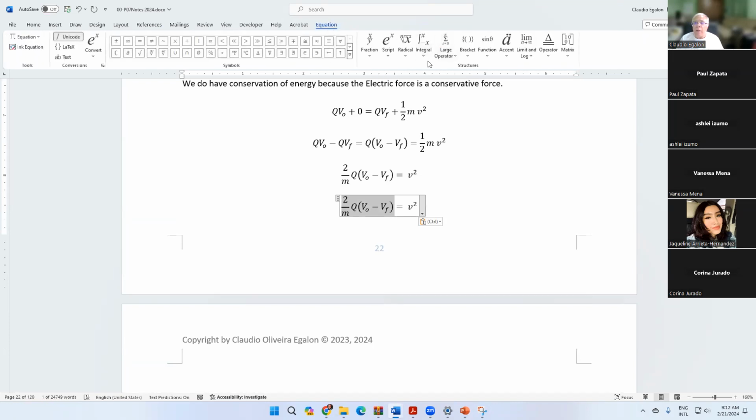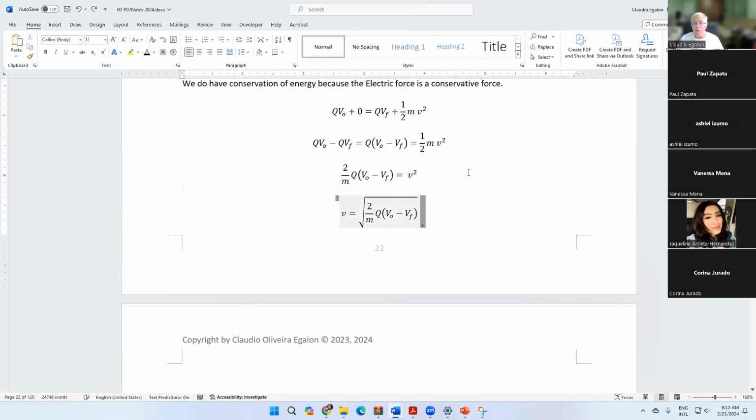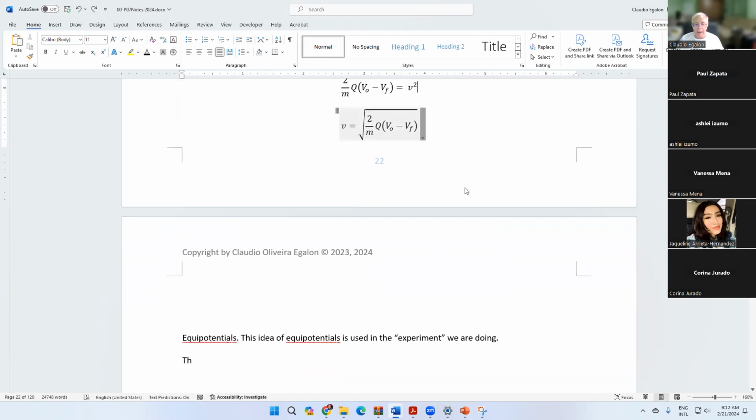So that's one good example of how you solve problems using electric potential. Okay? And now we can start talking about electric equipotentials.